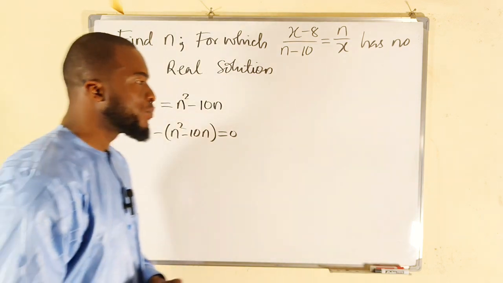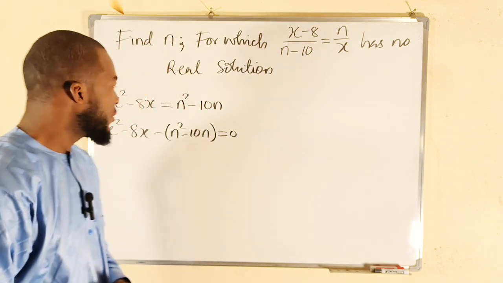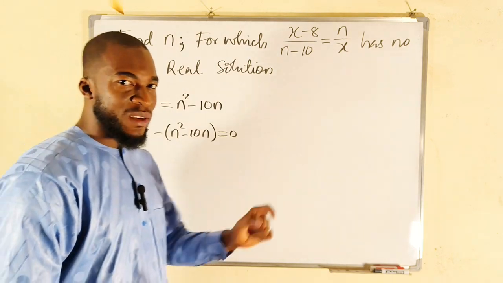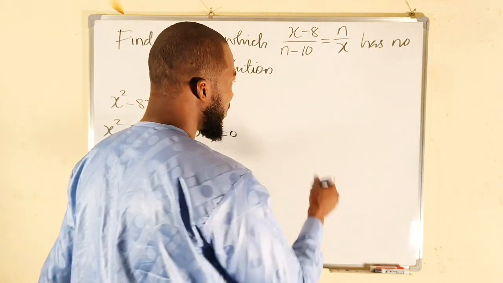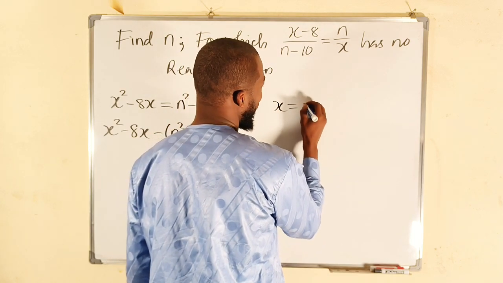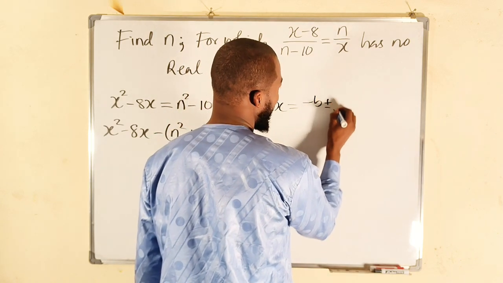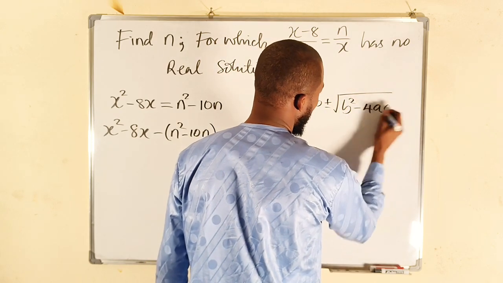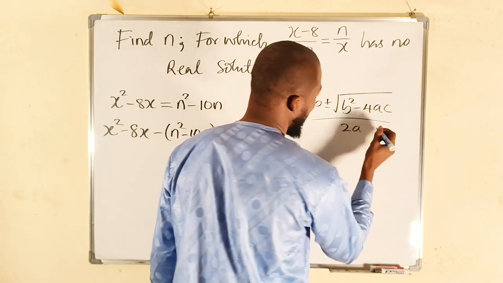So remember that a quadratic equation is said to have no real solution when the discriminant is less than 0. What is the discriminant? Remember the formula of the quadratic equation, x equals minus b plus or minus the square root of b squared minus 4ac, divided by 2a.